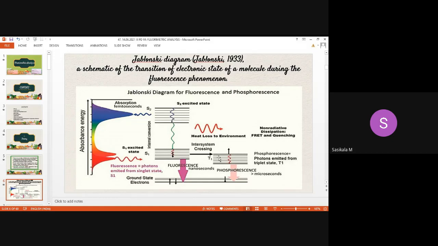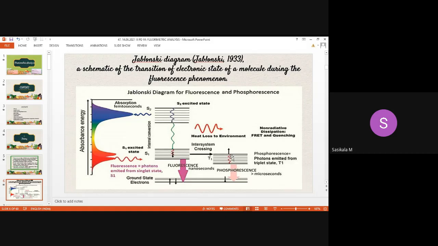If no oxygen is present at the excited state, the electron is converted to T1. T1 represents the triplet state. So from the singlet excited state to the triplet excited state, the electron spin is changed. It is still unpaired, but both electrons now have the same spin, not opposite spin. This is called the triplet state, and this process is called intersystem crossing.